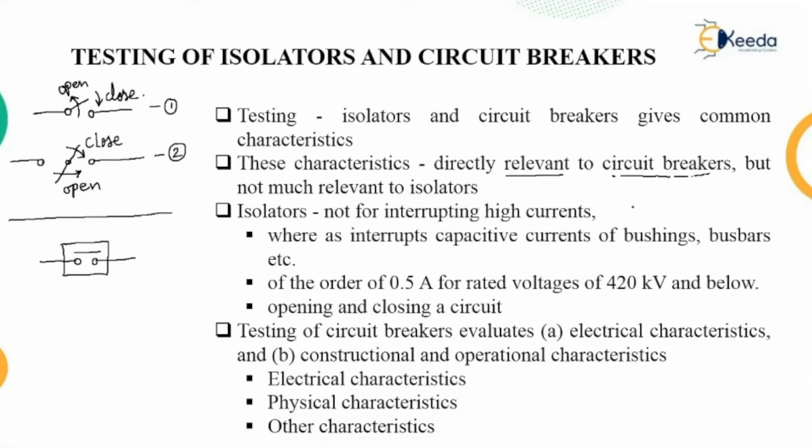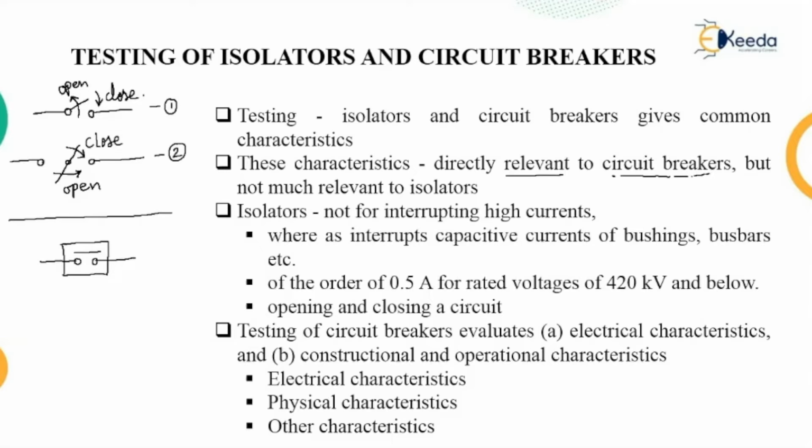They are basically used only to interrupt low or small currents of 0.5 ampere for rated voltage of 420 kilovolt and below. The isolators are basically used to interrupt small currents like capacitive currents of bushings or bus bars, etc.